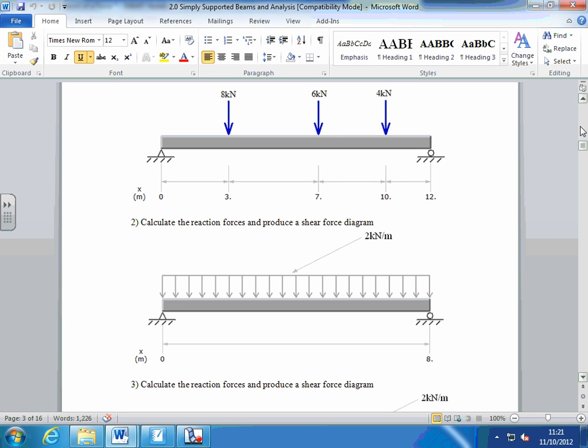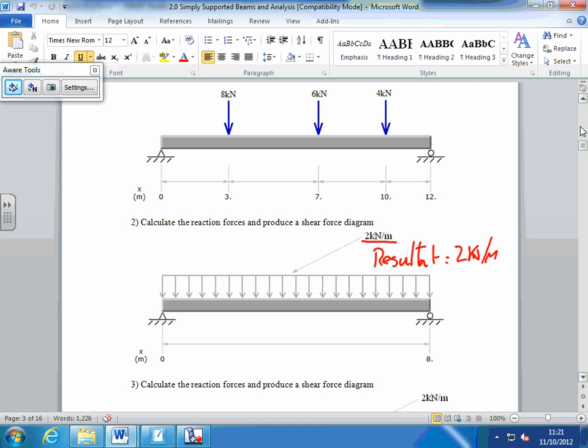Here, then, I could just point this out to you. If we look at this example, the uniformly distributed load is 2 kilonewtons per meter. So that means the beam is exerting a force of 2 kilonewtons for every meter of length. If I want to find the total resultant of that force, I multiply the 2 kilonewtons per meter by the length of the UDL, which in this case is 8 meters.